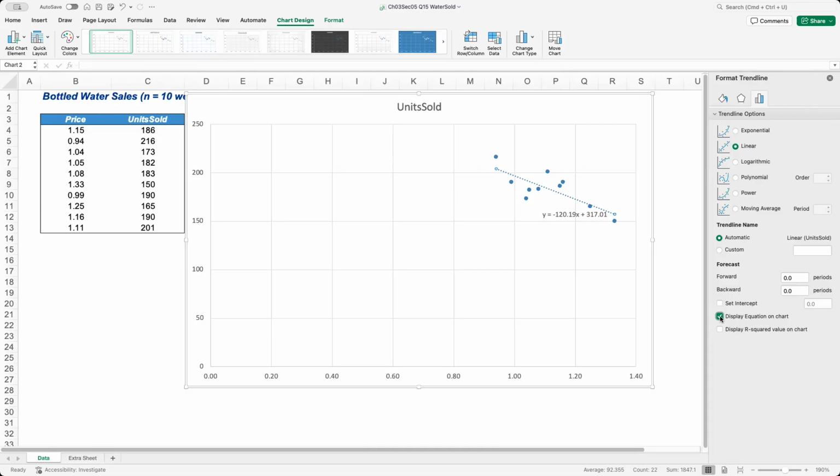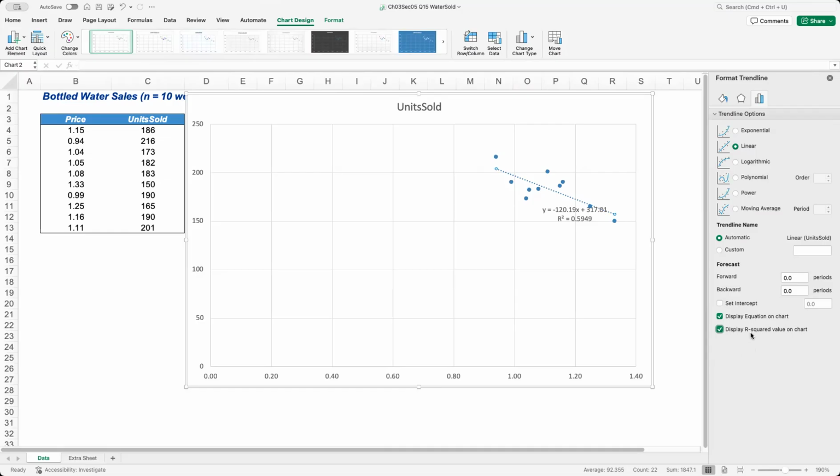How good a fit is this? Well, that's the R squared value. We'll talk more about what that means, but in general, the closer that number is to 1, the stronger the fit. The closer it is to 0, the weaker the fit. Does that make sense?